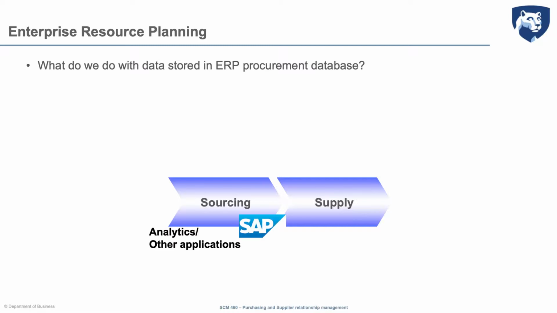We have seen that data in purchasing are basically collected at sourcing and supply level, where SAP, so the ERP system, gives the most support to purchasing people. Of course, in sourcing, other analytics and other applications are also used, and we will see them in the course.